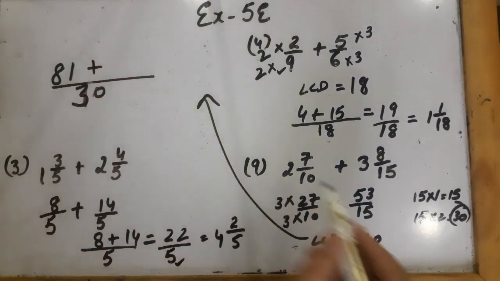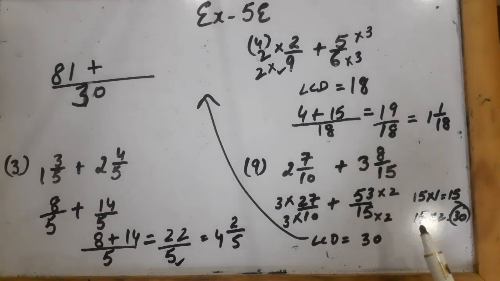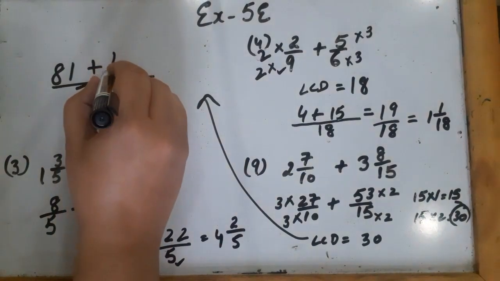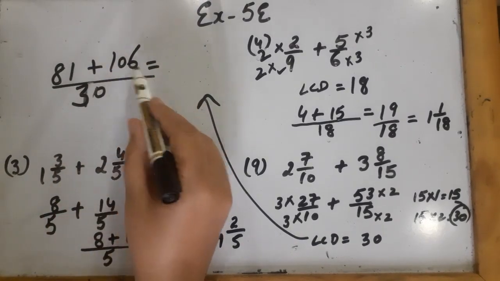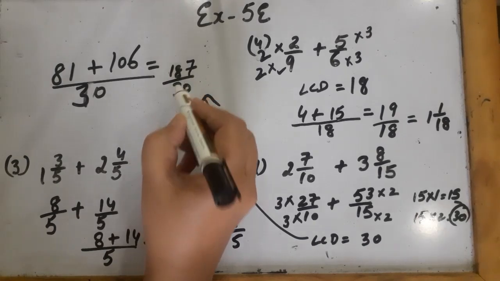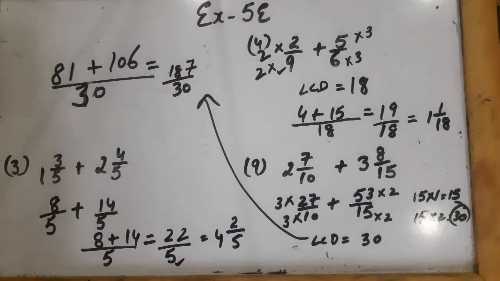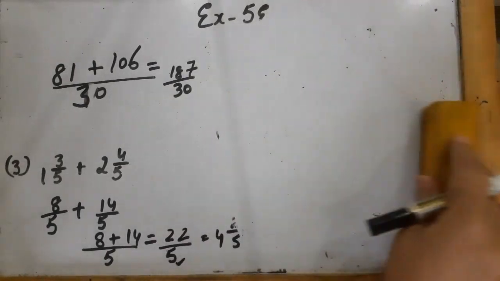Plus, now look at this. 15 twos are 30. So 53 also I have to multiply with 2. And what you will get? You will get 106. Now you add both of them and you will get 187 upon 30. Now this is an improper fraction. So I'll convert this into a mixed fraction.